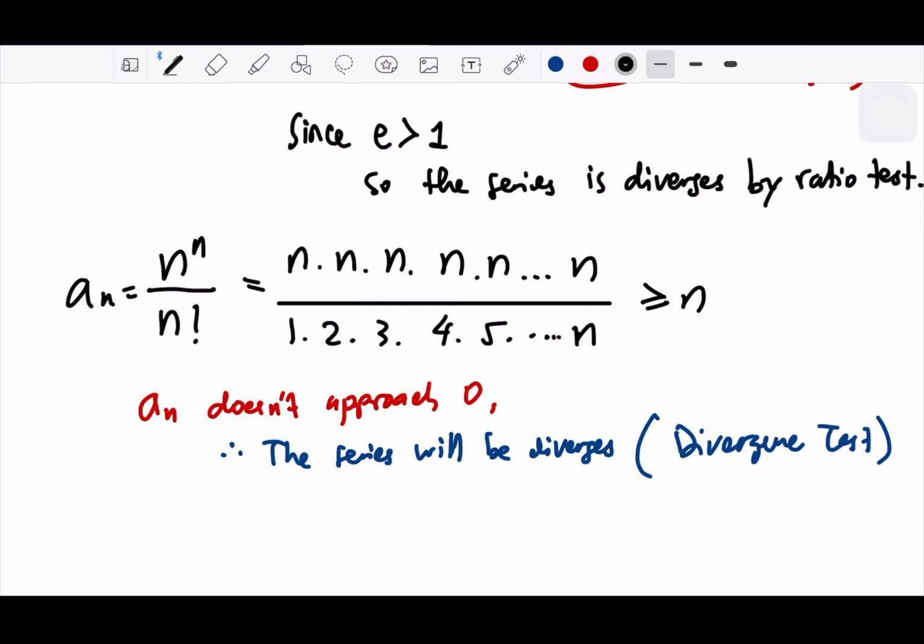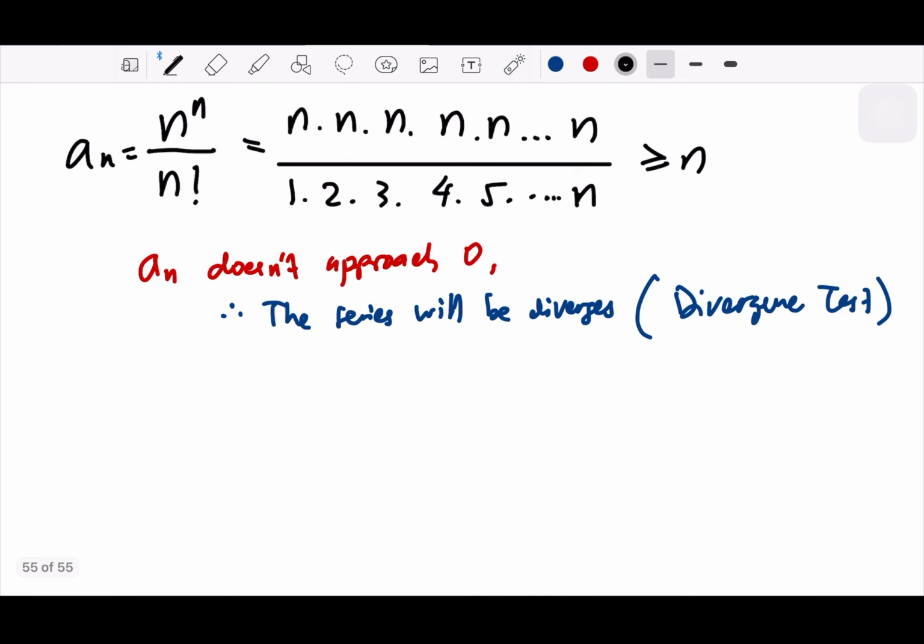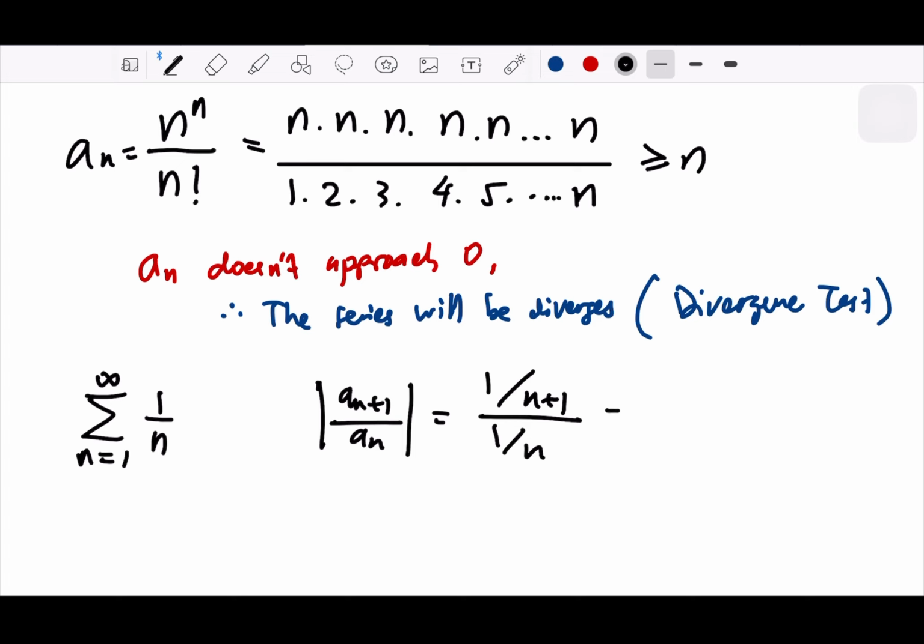And in some cases, the ratio test will fail. For instance, the easy one, let's just go back to the harmonic series. If we use a_{n+1} over a_n, this results in 1 over n+1 and 1 over n, or n over n+1.